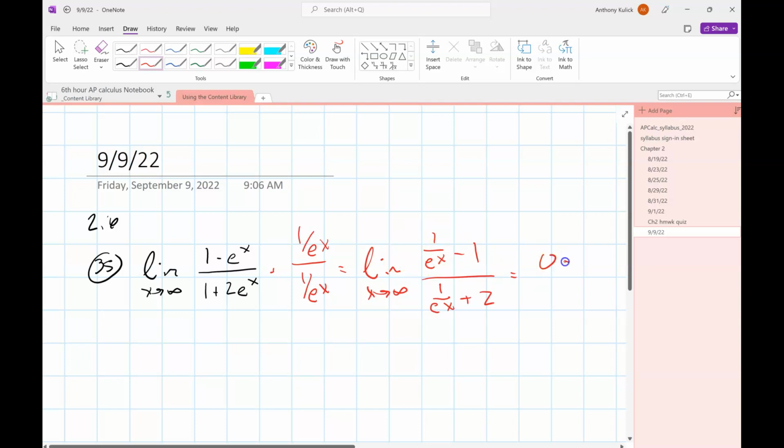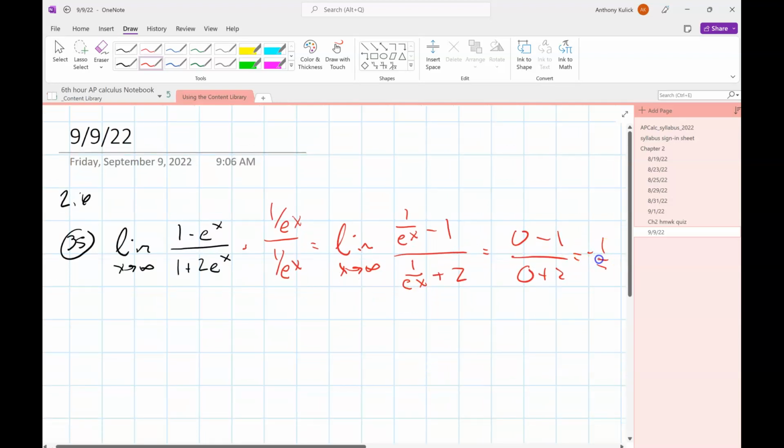So that goes to 0, minus 1, 0 plus 2, -1/2. That's how I looked at it, other than goofing up the 1 in the numerator. It's the same rate of change, so just leading coefficient over leading coefficient. But there's algebraically what you would have done to get to the same thing. It's maybe a little bit more reasonable.